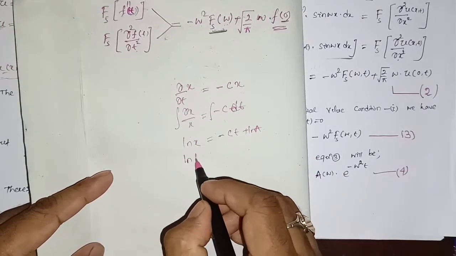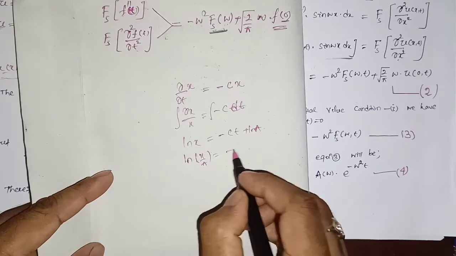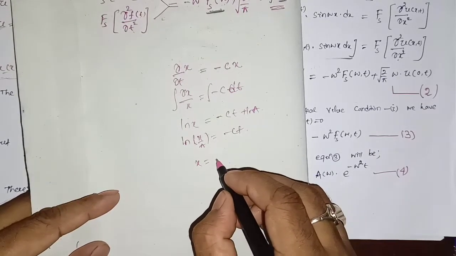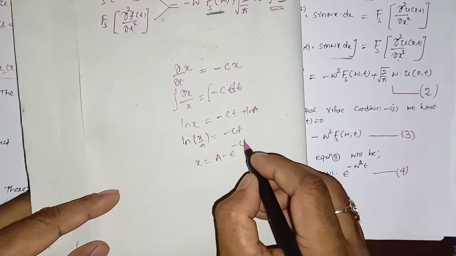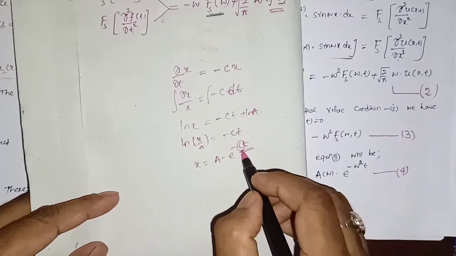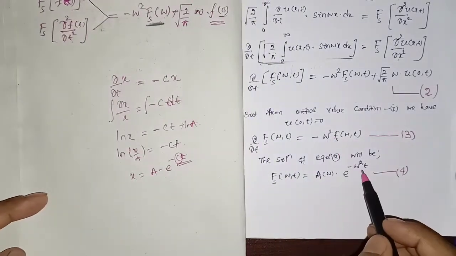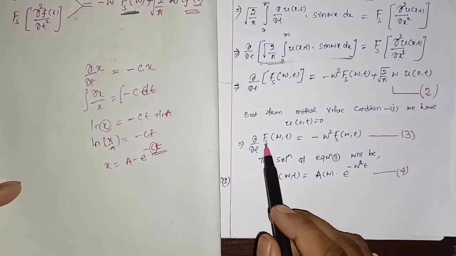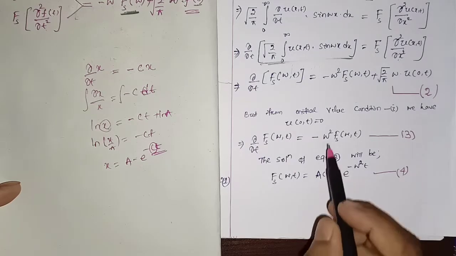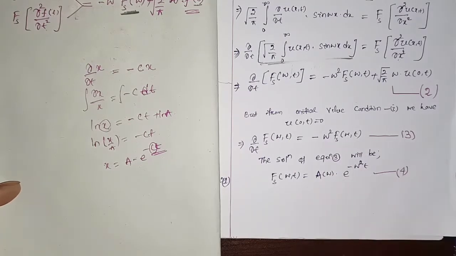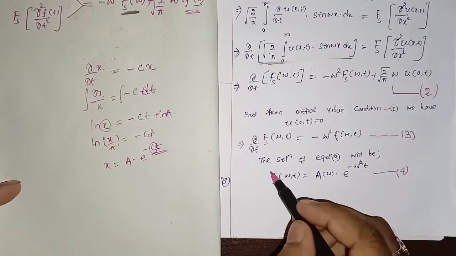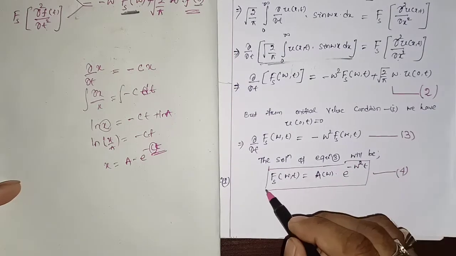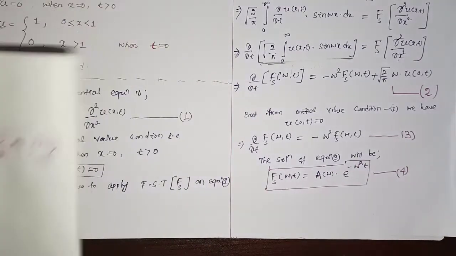So ln of x by a will be equal to minus ct, and x equal to a into e to the minus ct. So instead of constant c, here it is omega square. And instead of x we have capital Fs(omega, t). So obviously this is the solution of equation number 3. Okay, so just put it in the box.